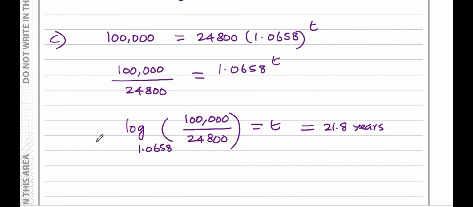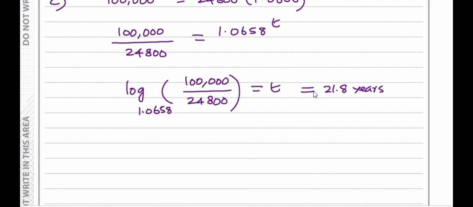The question is asking us, during which year will the value become 100,000? So 21.8th year from 2001 is going to be year 2022.